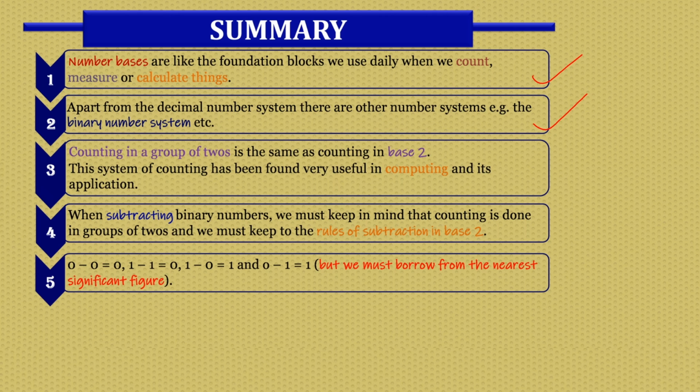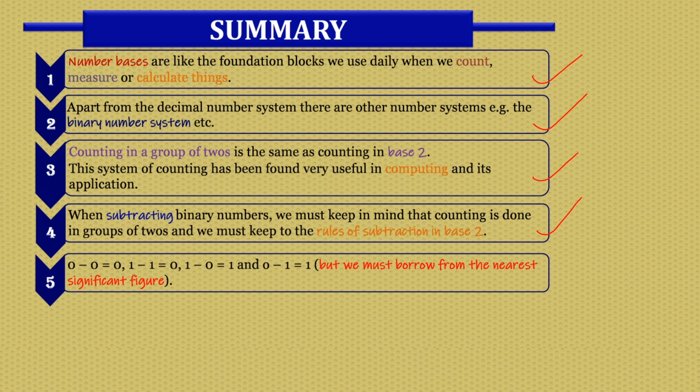Furthermore, we learned that counting in a group of 2s is the same as counting in base 2. This system of counting has been found very useful in computing and its application. Also, we learned that when subtracting binary numbers, we must keep in mind that counting is done in groups of 2, and we must keep to the rules of subtraction in base 2.